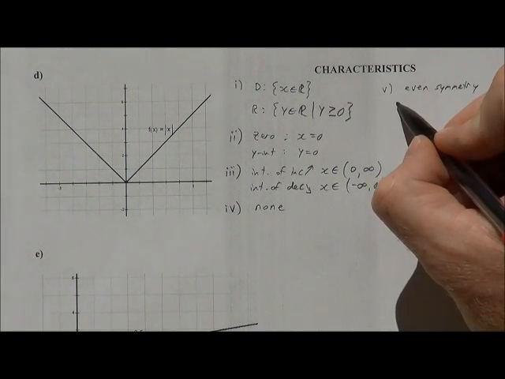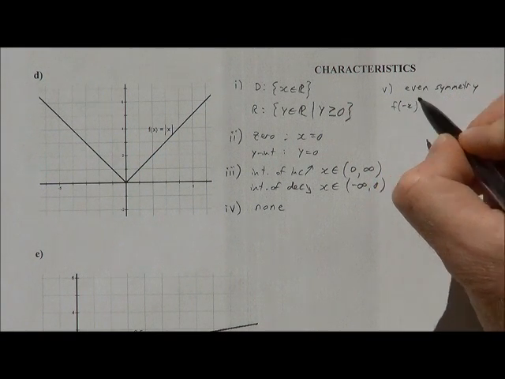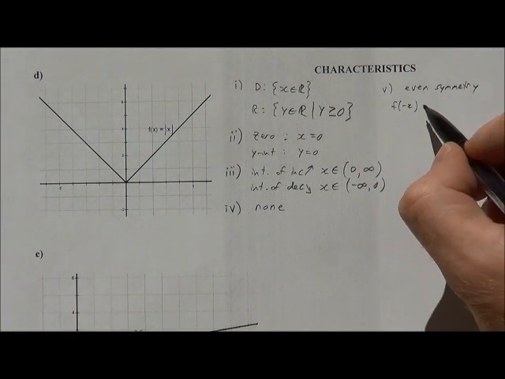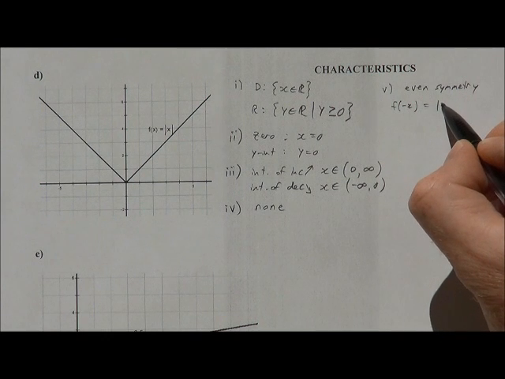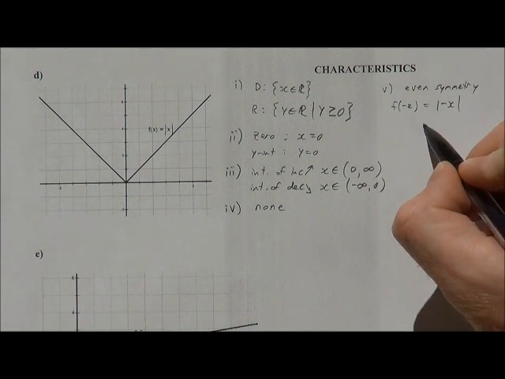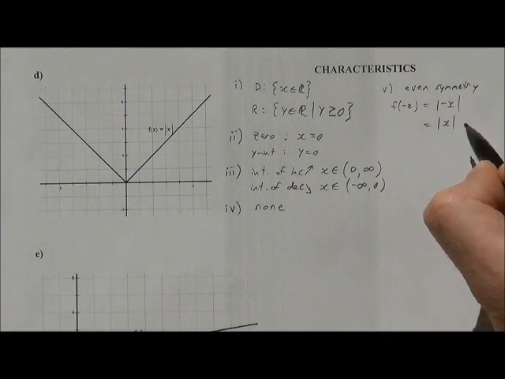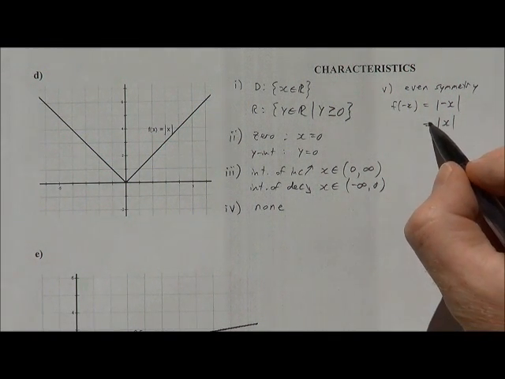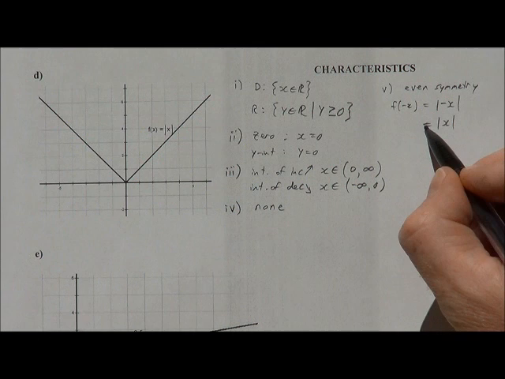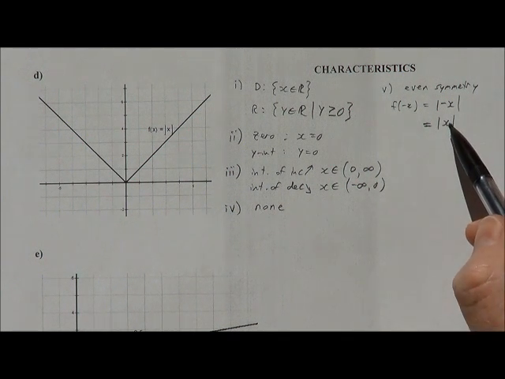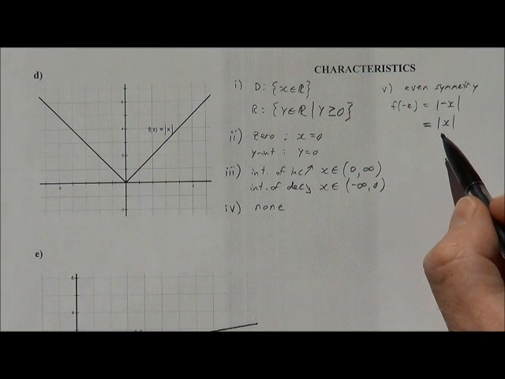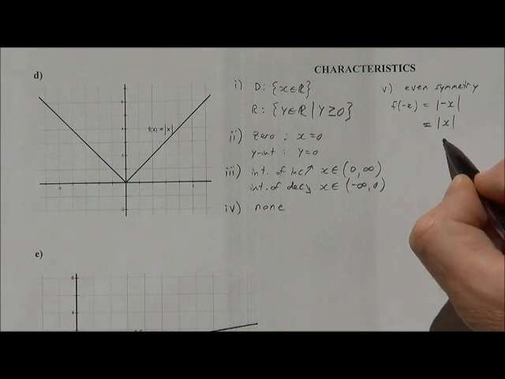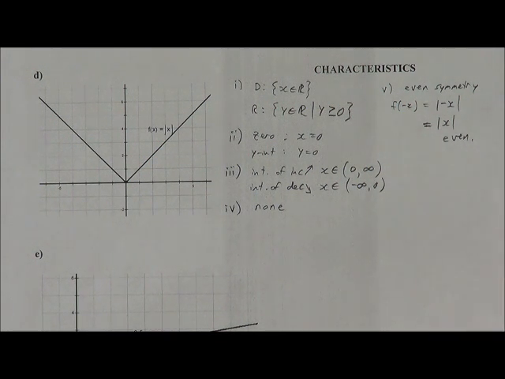And if we were to check that, if we substitute in negative x for x, we end up getting the values of x again. Therefore, it is even. All the values would end up being positive.